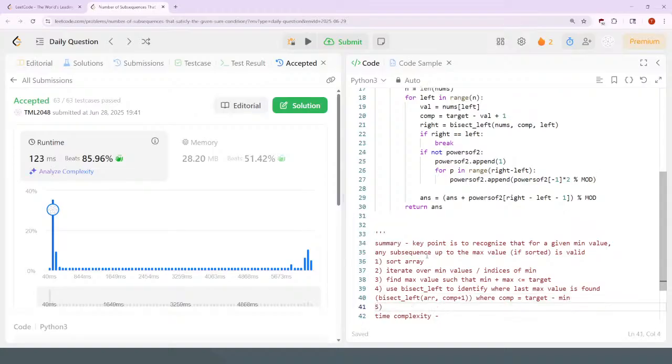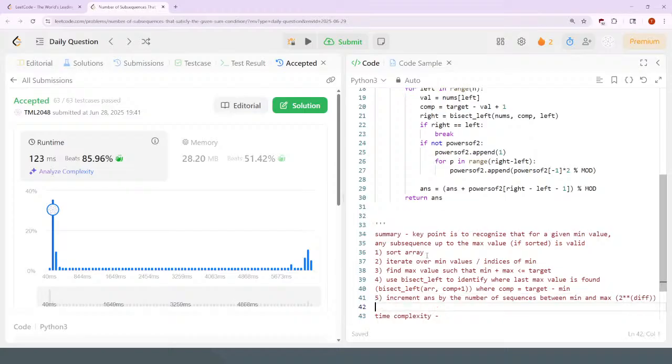And then increment answer by the number of subsequences between min and max, and this is going to be 2 to the power of the difference between those two.